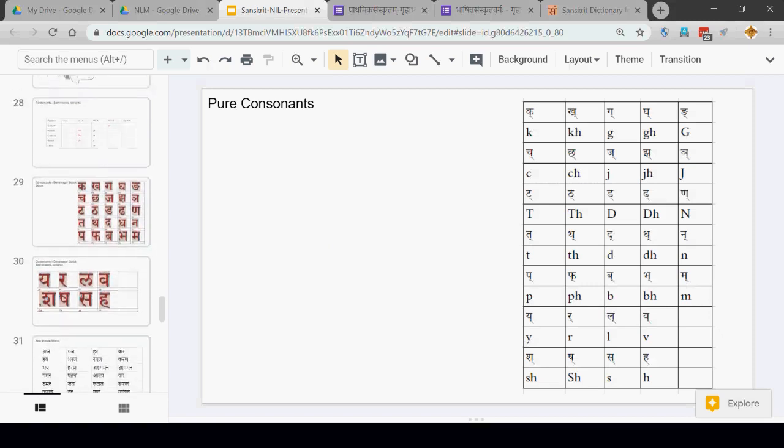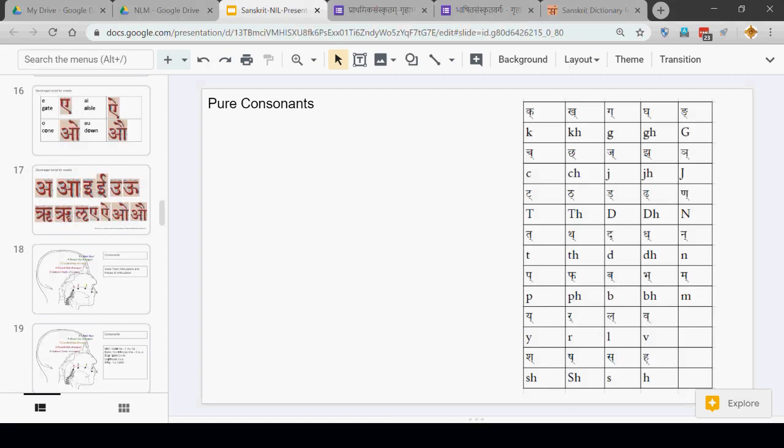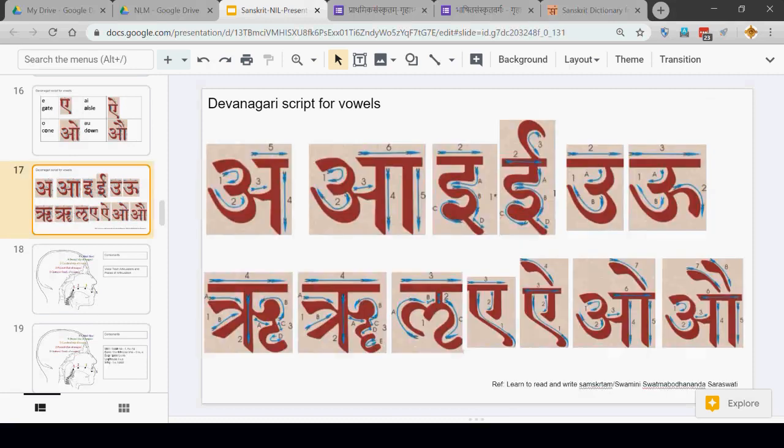Now note that if you look at the Devanagari script for the vowels, there is a vowel called lu here. This also looks similar or same actually. Ru and lu, they are similar.